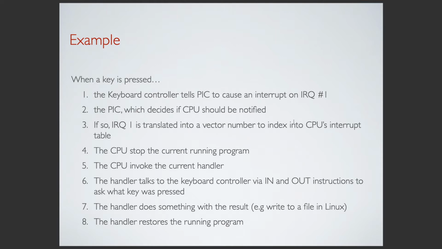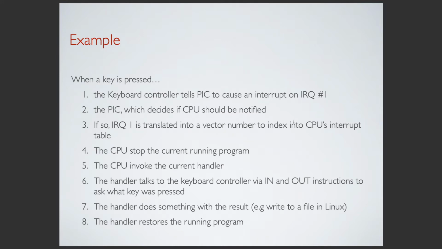So it raises an interrupt on IRQ line 1. The PIC, based on its logic, decides whether the CPU should be notified, and if so, it translates the IRQ1 into a vector number. This vector number corresponds to an entry in the table.